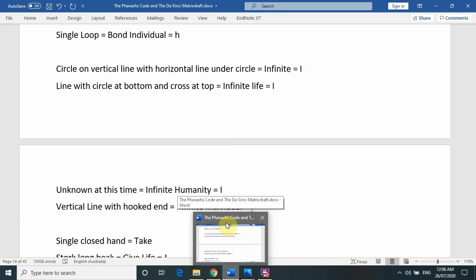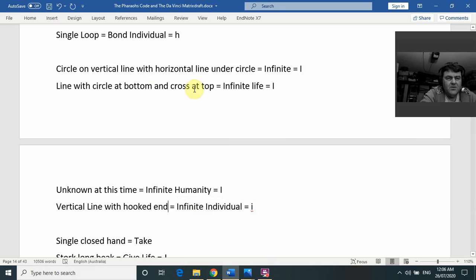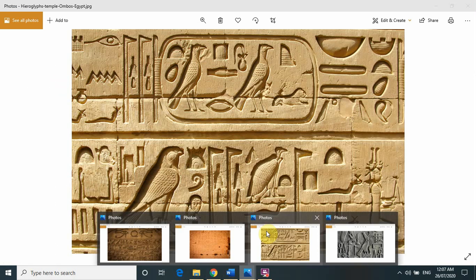But this could also be a reference to infinite humanity, or it could be the infinite life symbol, and the line with the circle at the bottom and the cross at the top could be the one that's related to infinite individual. So I'm basically saying I still may have those symbols mixed around.